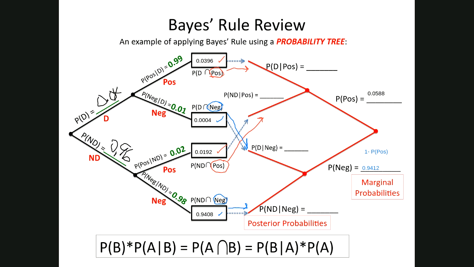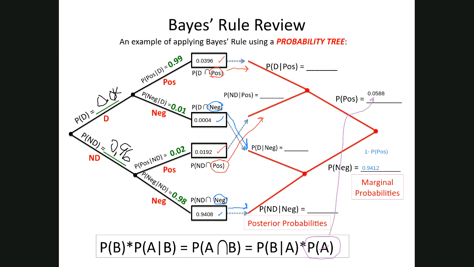So now, using Bayes' rule, see if I can help make this connection. This is our marginal probability. And instead of A, this is the positive. So that's this value here.